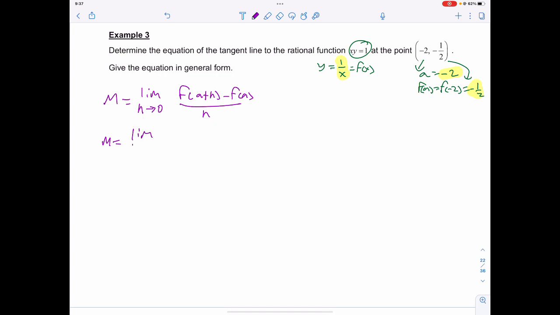The limit as h approaches 0. If I have f of a plus h, then that's going to be 1 over -2 plus h minus my f of a, which is -1/2. And this is all being divided by h.